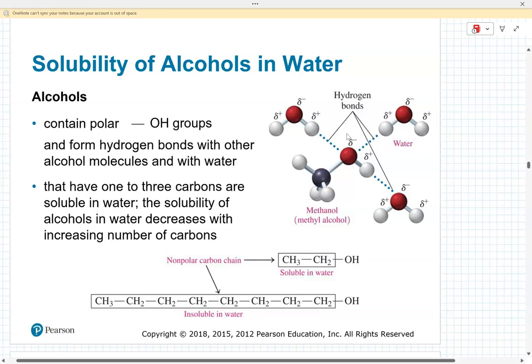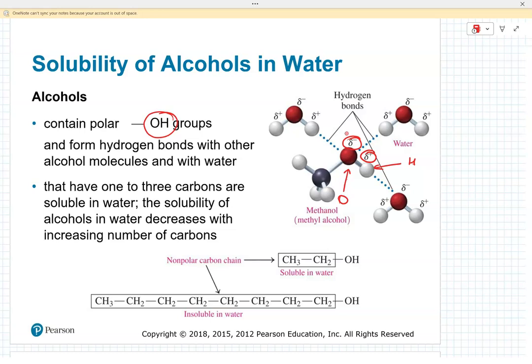Solubility. Alcohols are kind of weird molecules because the OH group is very polar. Okay? You can see it right here, and you can see that oxygen has a partially negative charge, while hydrogen has a partially positive charge, because oxygen's electronegativity is greater than the electronegativity of hydrogen. Am I making sense? All good?